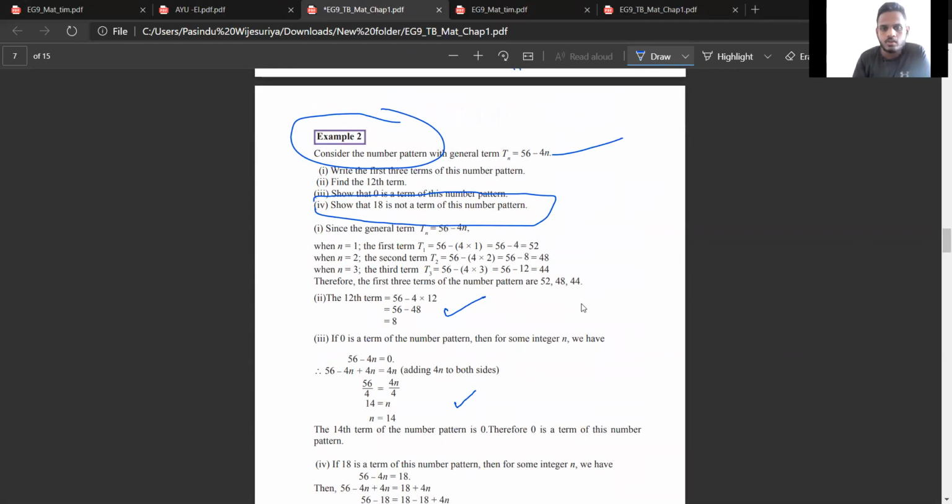Then show that 18 is not a term of this number pattern. So for that, the equation is Tn equals 56 minus 4n.